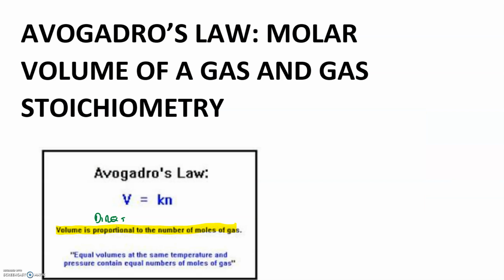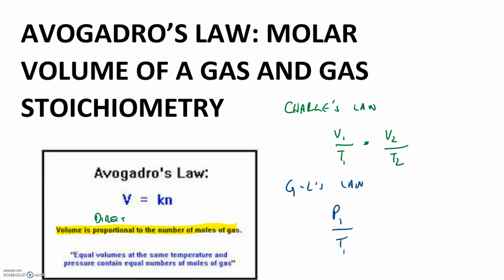And we're not going to be using calculations like this quite so much, but I'll show you what I'm talking about. It's going to look very similar to both Charles' law, which, as you recall, is the law between volume and temperature, V1 over T1 equals V2 over T2, and Gay-Lussac's law, which is the relationship between pressure and temperature, P1 over T1 equals P2 over T2.